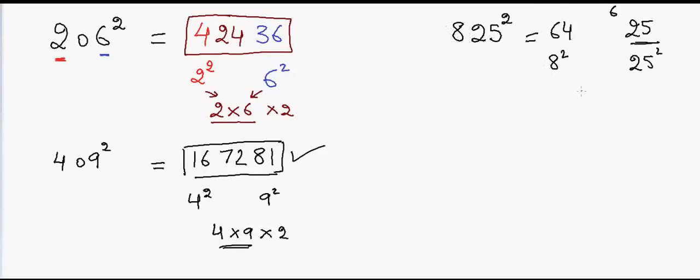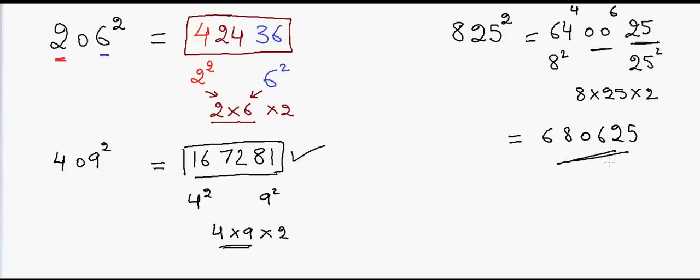Now if we multiply 8, 25 and 2, that will be 400. So we can only write two zeros here, and I have to write a 4 here. Why? Because we can only take two digits. Now if we add them together, it will be 6, and 4 plus 4 is 8, 0, 6 plus 0 is 6, and 25. So that will be my answer.